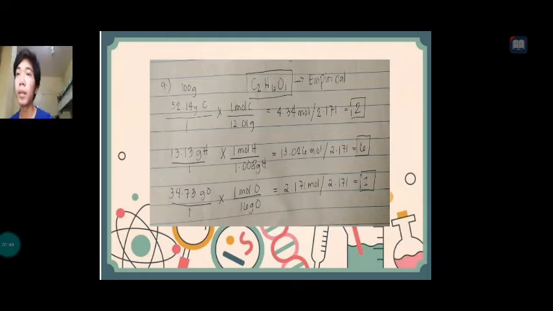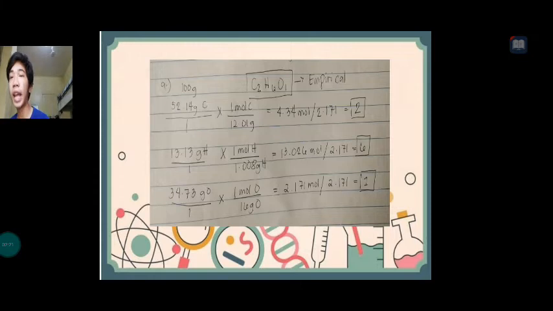So to convert grams into moles, 52.14 grams carbon times 1 mole carbon divided by 12.01 grams, which is the atomic mass of carbon. So cancel the grams, and the answer is 4.34 moles.